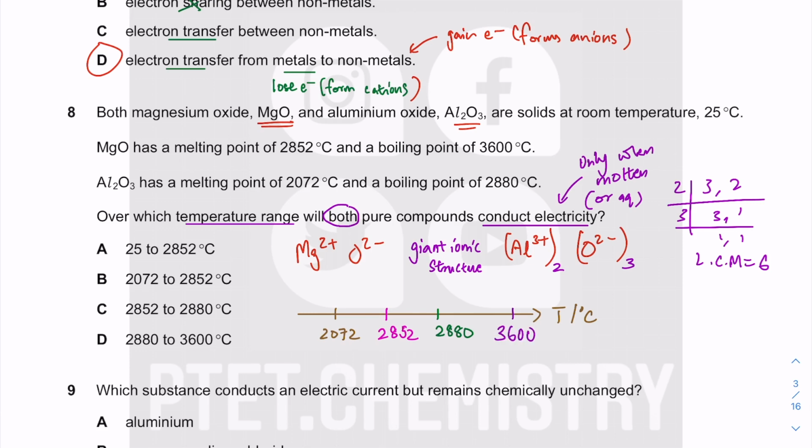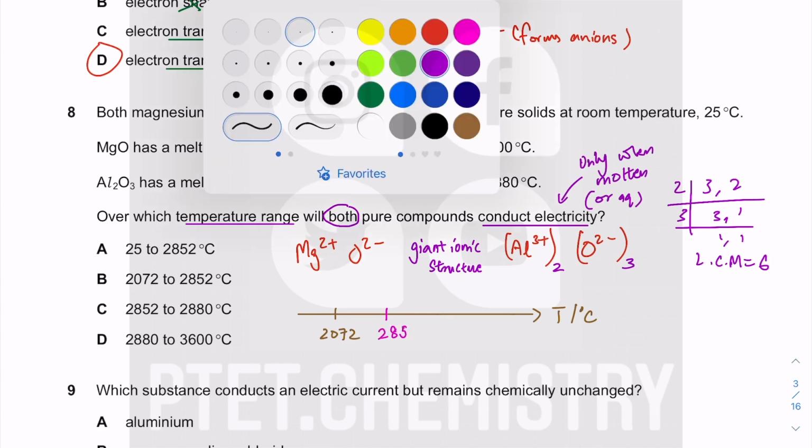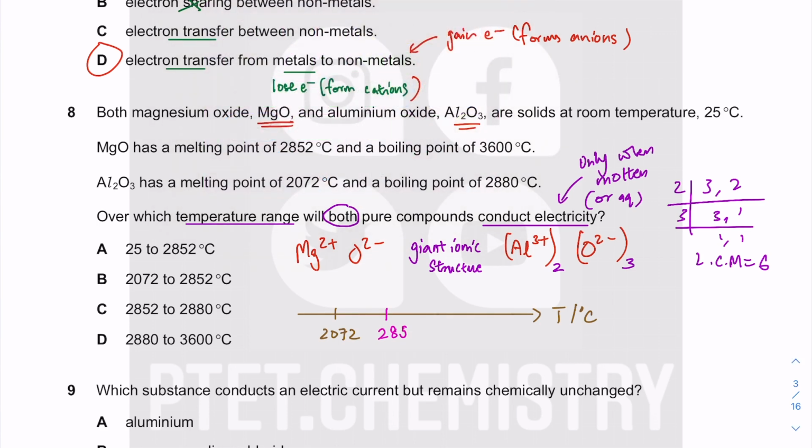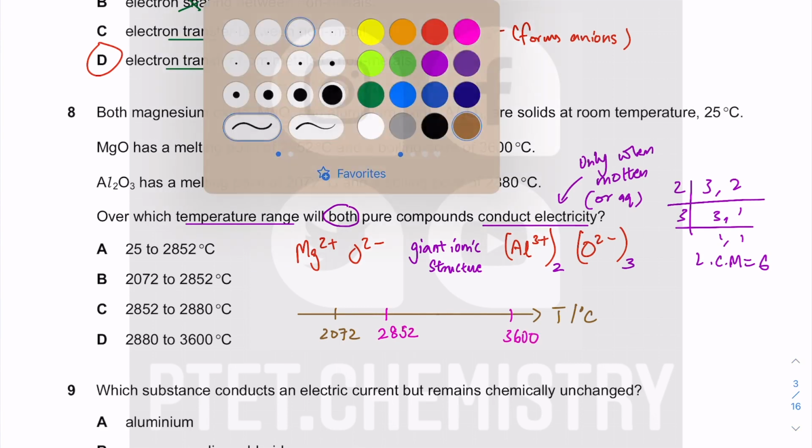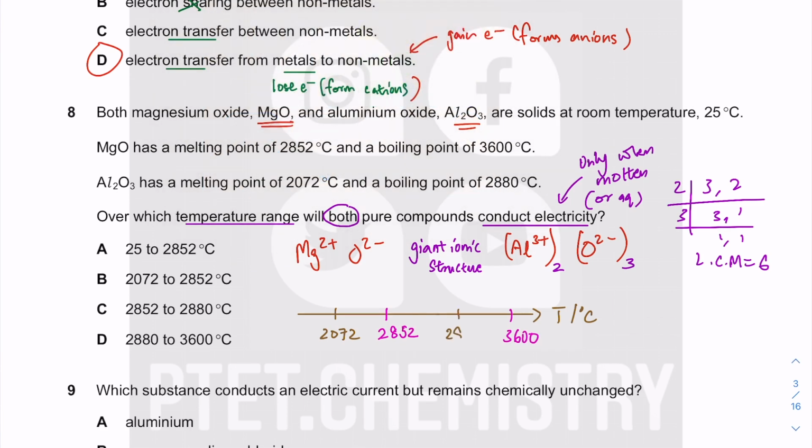I should use the same color for the same compound. Okay, so 2852, and then I have 3600 over on the other side. Then the brown color I can use for this one.